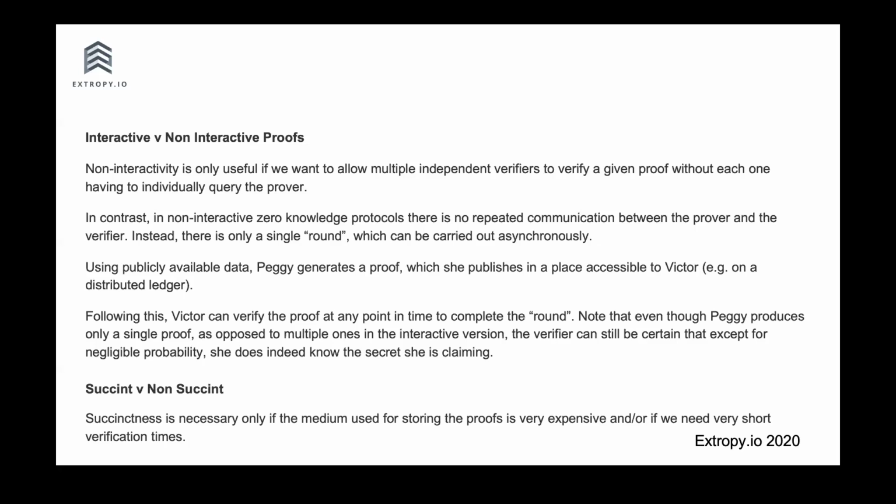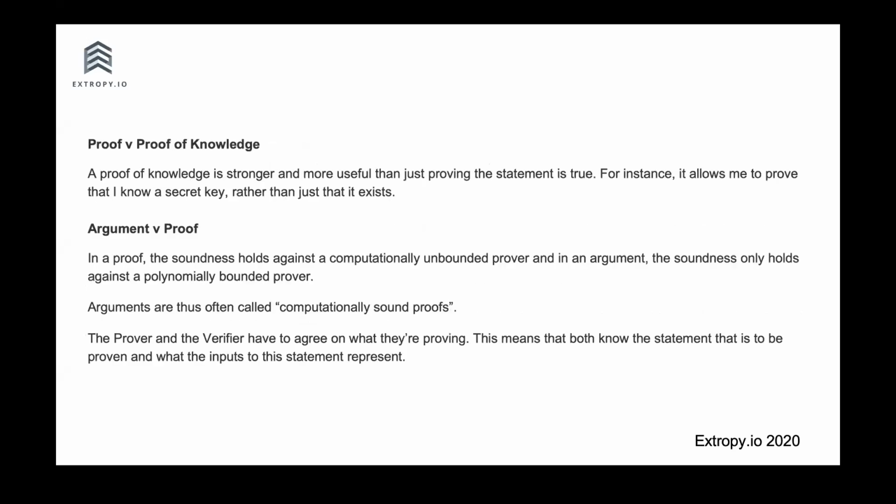The succinct idea is that we want the proof to be of a reasonable size. Back when these were invented, I think proofs could be extremely large. Now we get them down to just a few hundred bytes. So they're easy to store, they're easy to transmit, much more practical from that point of view. The last two parts are more from a mathematical point of view and about the rigorousness of the proof, really.